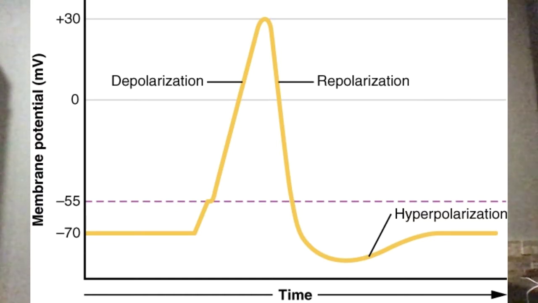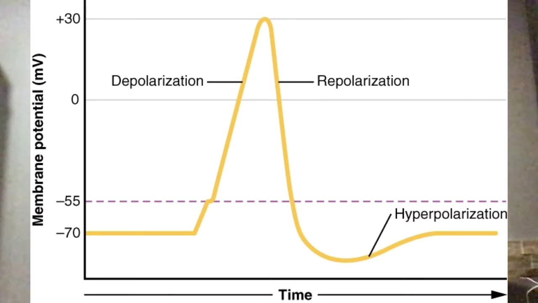When the cell membrane goes back to negative on the inside, so going from +30 back down past 0, down to -30, -40, -55, that's called repolarization. And I'll explain the rest of the terms a little bit later, more in context.